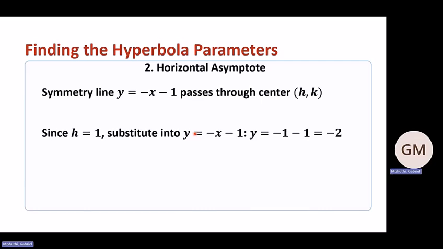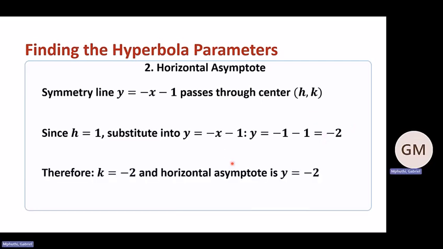So when we substitute h equaling 1 there, we find the value of y to be minus 2, which is our horizontal asymptote, y equals minus 2.